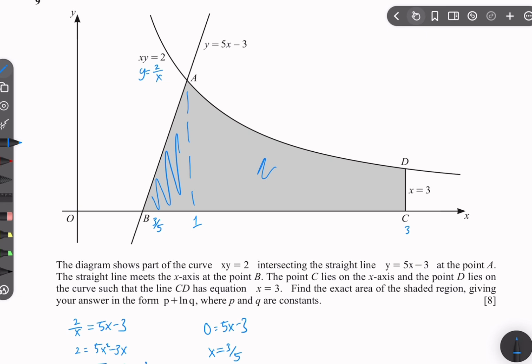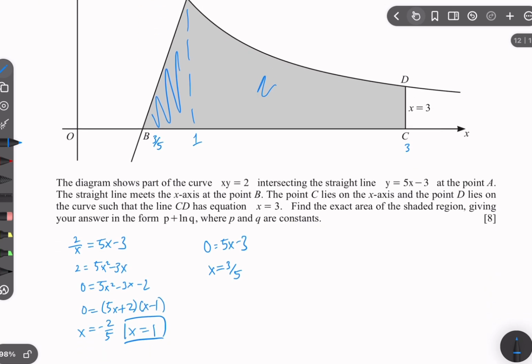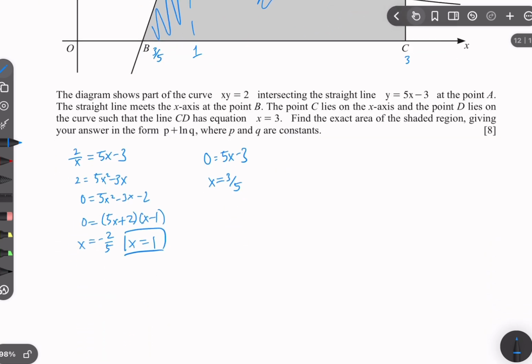For the triangle section, we can integrate the straight line, which is y equals 5x minus 3, using the values 1 and 3 over 5. And for the other section, we can integrate the curve, which is 2 over x, using the values 3 and 1. After that, we can just add the area of both of these sections.